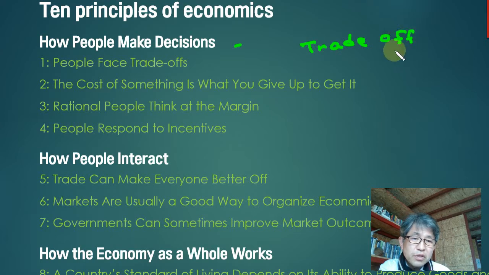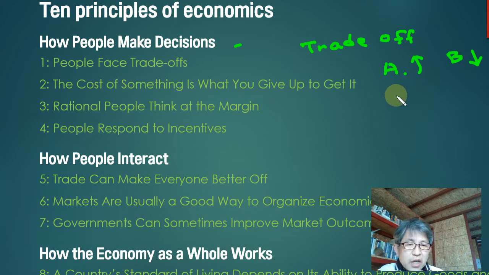So we need to discuss the meaning of trade-off. The meaning of trade-off is none other than this: once you select A and the result of selection A increases, on the contrary, B can be reduced.